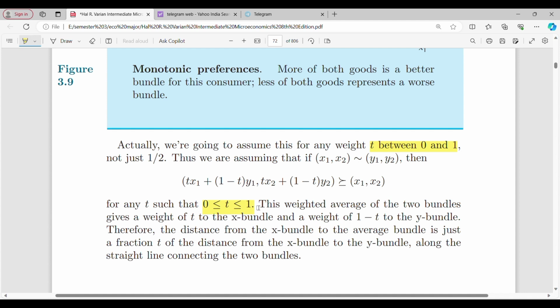And how will it be calculated? For x1 and y1, t x1 plus 1 minus t y1, comma, t x2 plus 1 minus t y2 will be at least as good as, or weakly preferred to, x1 x2 or y1 y2.